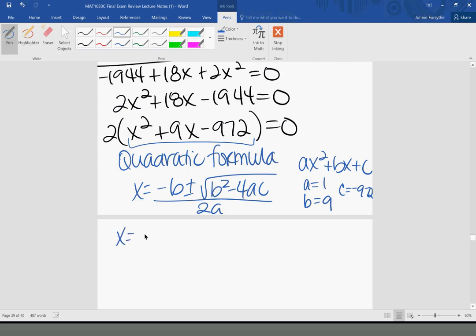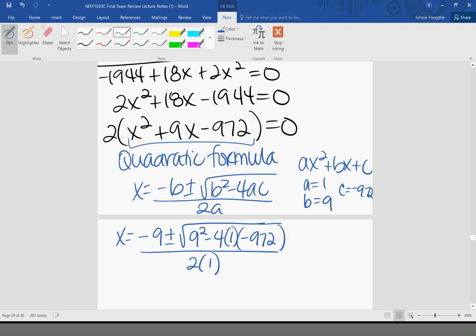So we have x equals negative 9 plus or minus the square root of b squared, which is 9 squared, minus 4 times 1 times negative 972, all divided by 2 times 1.